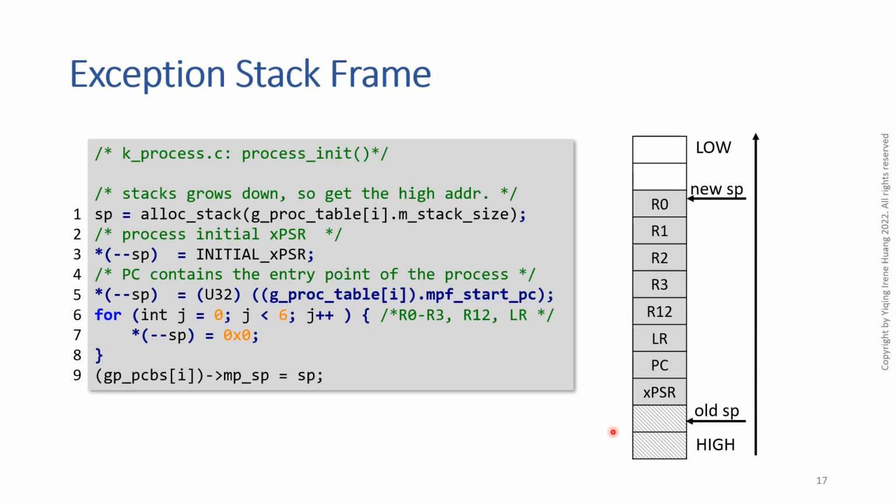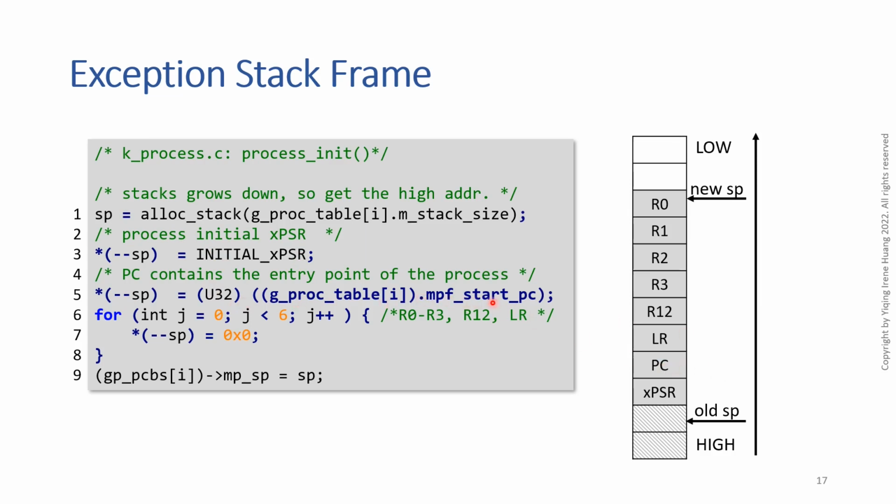We have a fully descending stack, which basically means every time we want to push an item, we decrement the stack pointer, then write the item, putting it into that memory location. So in the C code, we decrement, dereference, and then put the value in. First is the XPSR, the program status register. The second item is the PC, the entry point.